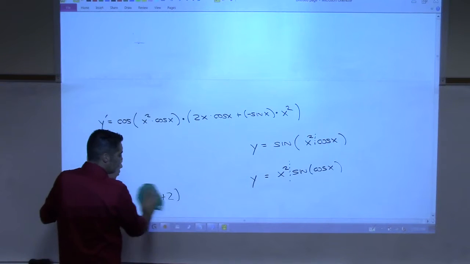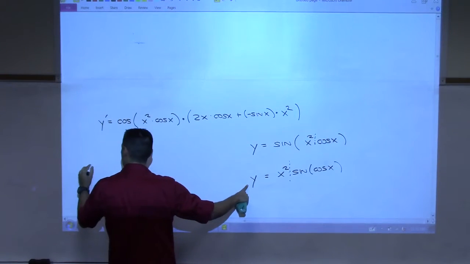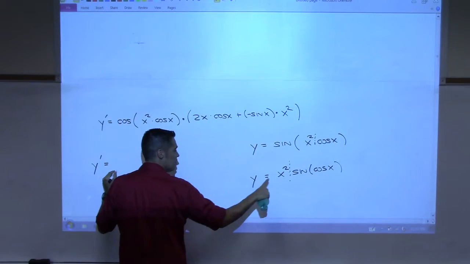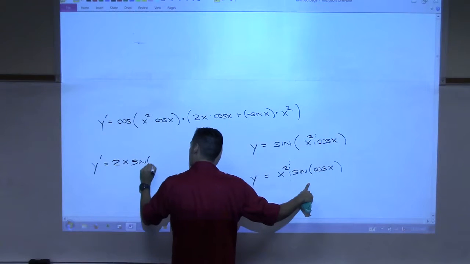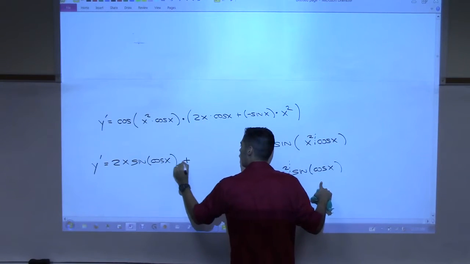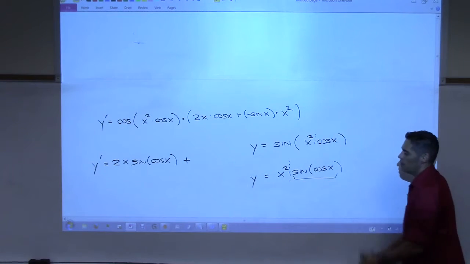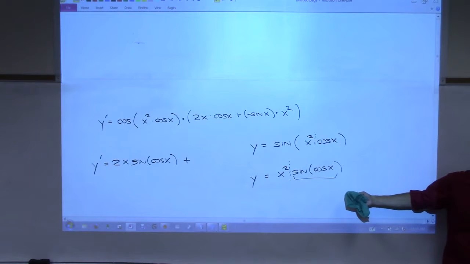Okay, now the second one here, we would do product rule first. So I would do derivative of the first one, which is 2x, times the second one, plus now the derivative of this one. So that's sine of my hand, so derivative of sine of my hand would be cosine of my hand, something like that.